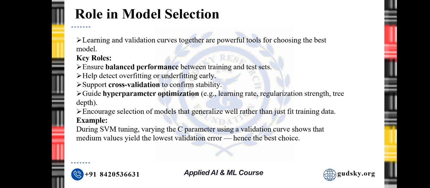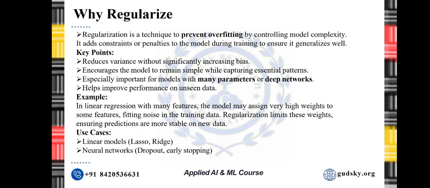That's your ideal value. So remember, data gives us knowledge, but curves give us wisdom. They show you the full story of how your model is learning and performing, and with that, we complete the best model selection. And now, for the next slide, why regularize?